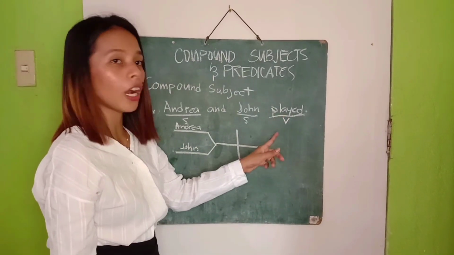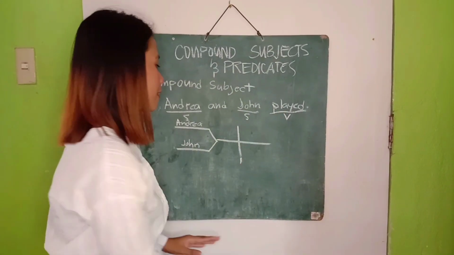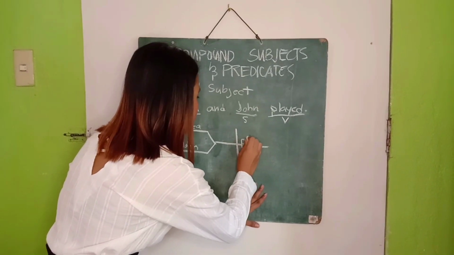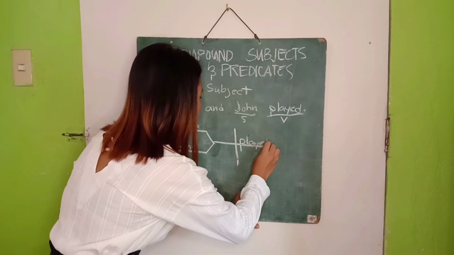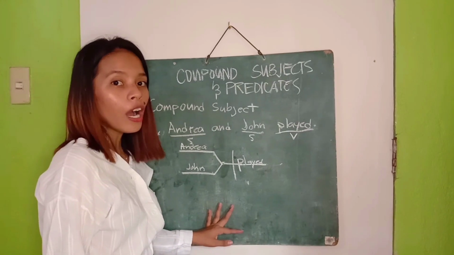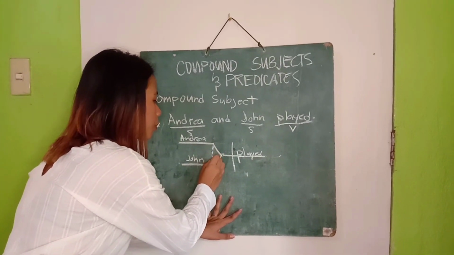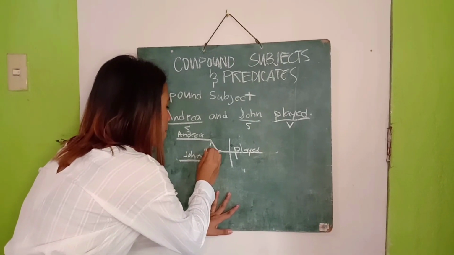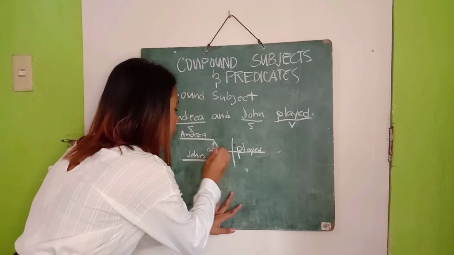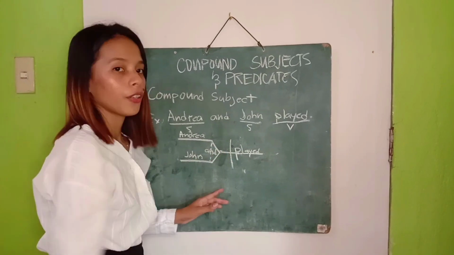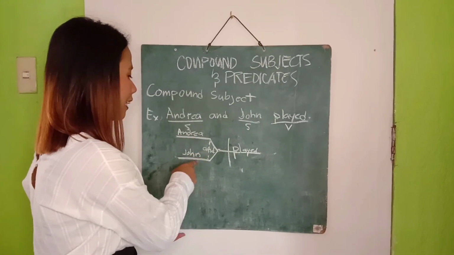We're going to put our verb again on the right side. Then draw a dotted line and put our conjunction. To read it, Andrea and Jan played.